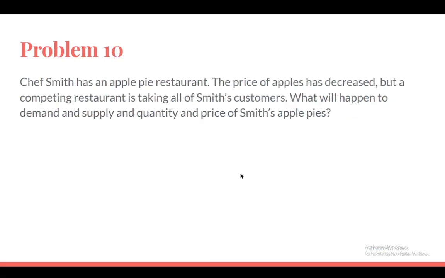Problem 10. Chef Smith has an apple pie restaurant. The price of apples has decreased, but a competing restaurant is taking all of Smith's customers. What will happen to demand, supply, quantity, and price of Smith's apple pies? Pause.